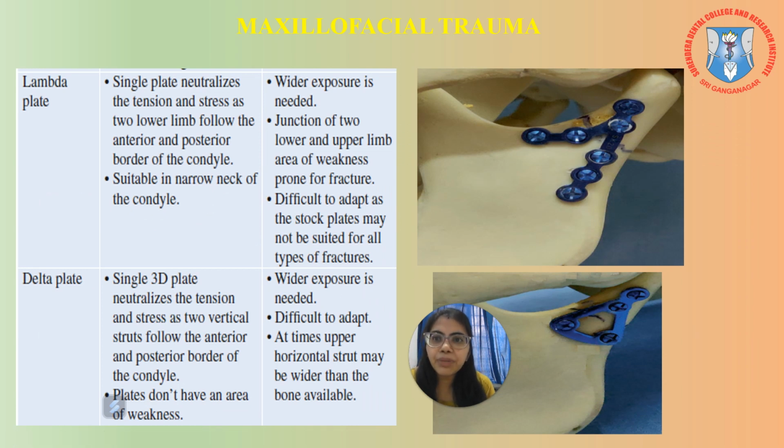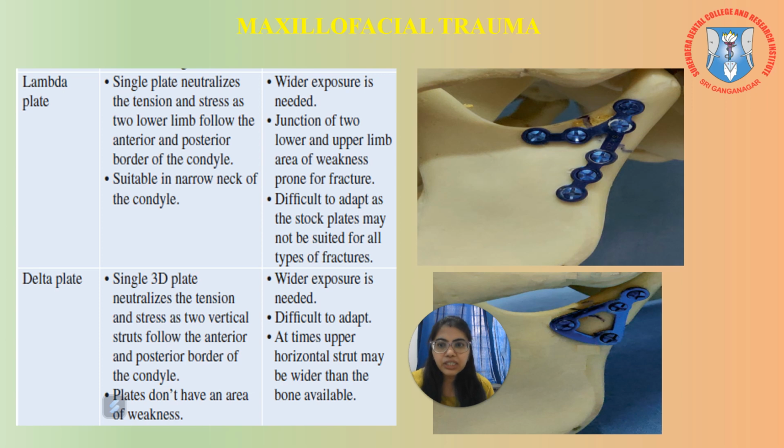Then in case of the lambda plate, the advantages are that a single plate neutralizes the tension and stress as two lower limbs follow the anterior and posterior border of the condyle. It is suitable in a narrow neck of the condyle. The disadvantages are that wider exposure is required, the junction of the two lower and upper limb is an area of weakness prone to fracture, and it is difficult to adapt as the stock plates may not be suited for all types of fracture.